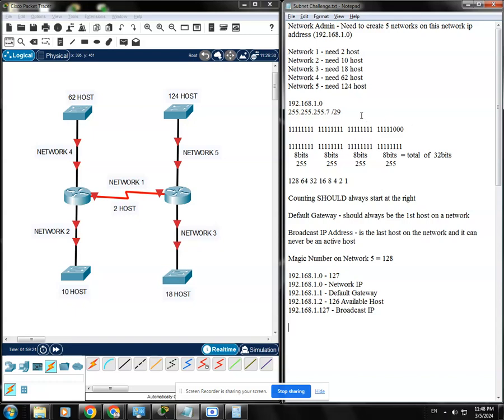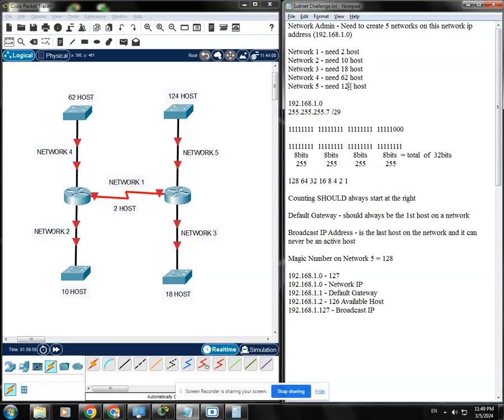Let's go back to network 5. Our network admin wants us to create network 5, and it needs to have 124 hosts. But again, the network admin did not specify if the network IP address and broadcast IP address are included or not. To be safe, let's add two additional hosts to cover them.